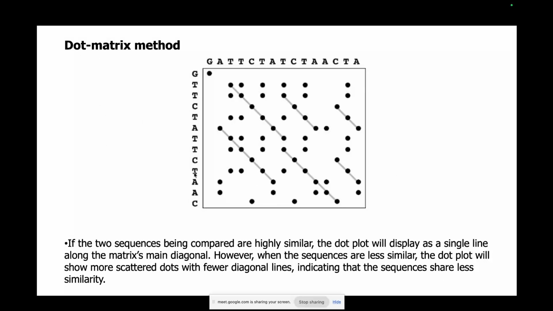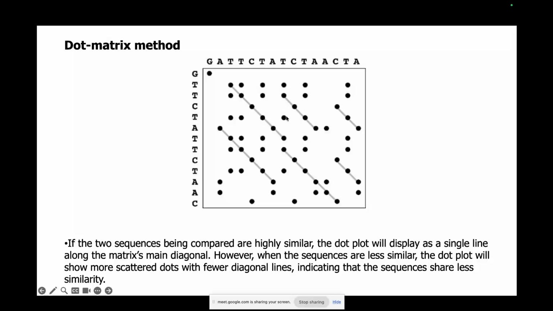So we have discussed dot matrix dot plots in the earlier class. I won't go into much detail, but just a recap: if the sequences are very similar, you will have a clean diagonal line. If it is different, you would have a scattered kind of plot.